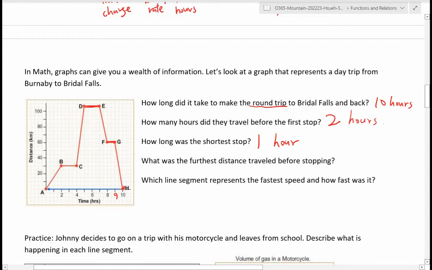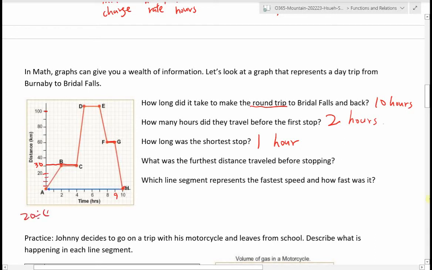Well, what is the distance then? From C, if you draw to the y-axis there, this would be 30 kilometers from Burnaby. At D, okay, so here's 100. Now let's see, how much does each little square represent? Well, that's 20, and that's 1, 2, 3, 4 squares.